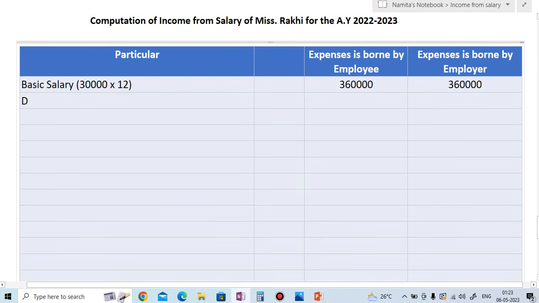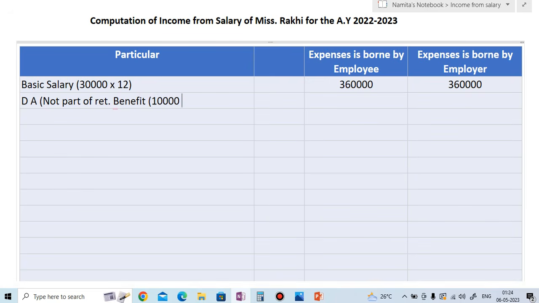So write DA, and it is not part of retirement benefit. How much is it? 10,000. Multiply it by 12. So 10,000 multiplied by 12, 1,20,000 is the dearness allowance. Same for the employer, the amount will be the same, 1,20,000.